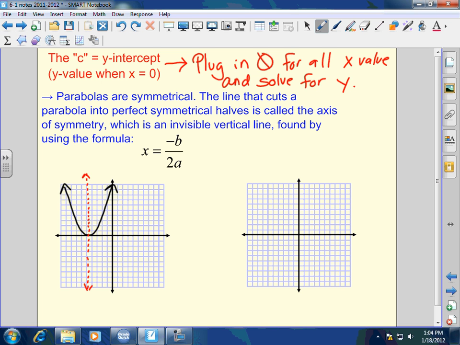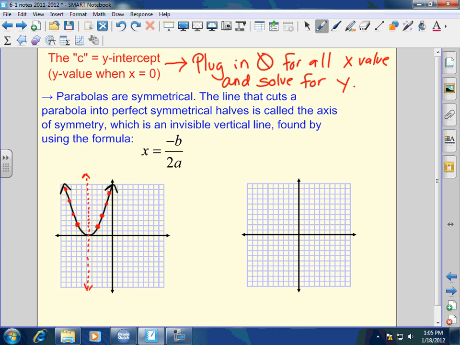Now, why is it the line of symmetry? Because this point is 1, 2 to the right of the axis. Well, guess what? 1, 2 to the left of the axis, you have a point again. They're completely symmetrical. All the points on this side are going to be mirrored on the opposite side of the graph. They're mirror images.